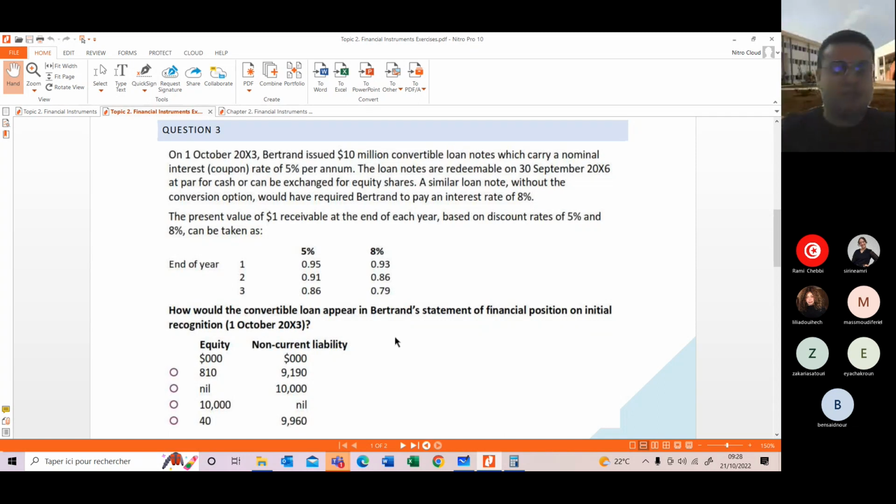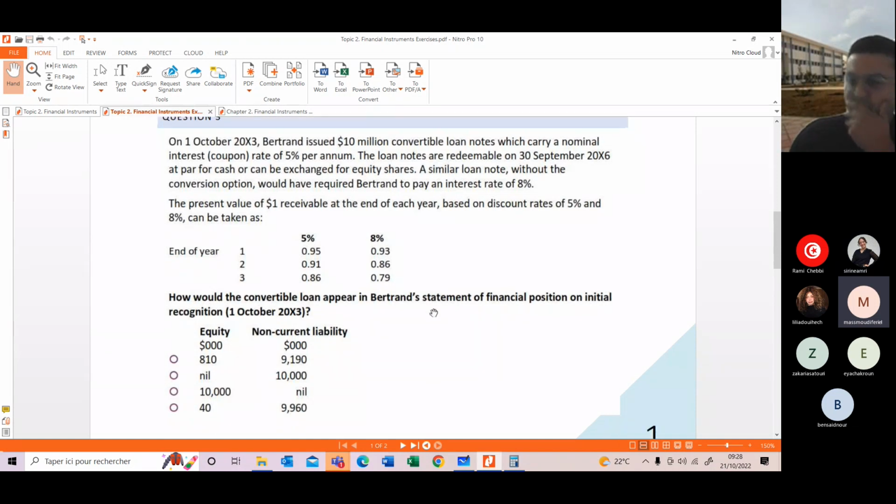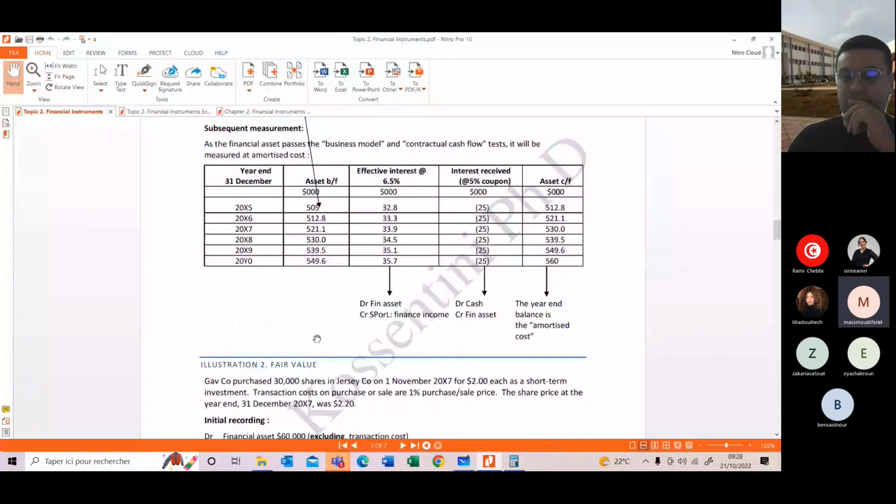Is it an equity instrument? Financial liabilities, but it can be exchanged for equity shares. That's why these financial instruments, we call them in the lecture what? So I go back to the lecture. Compound instruments. Thank you so much.